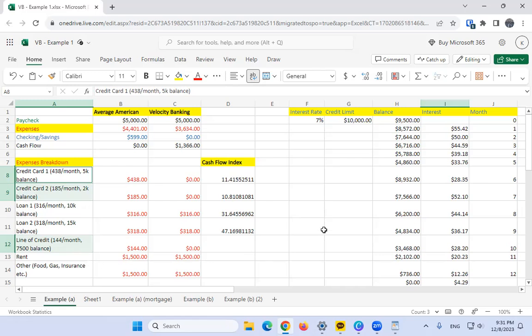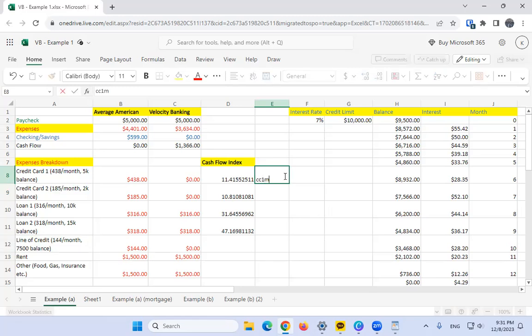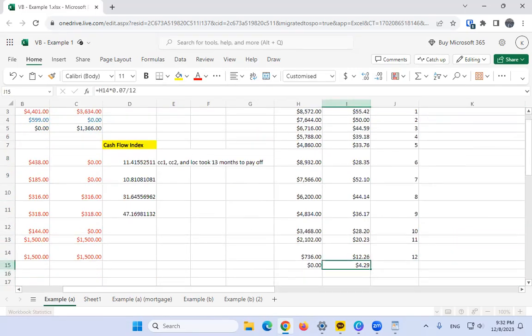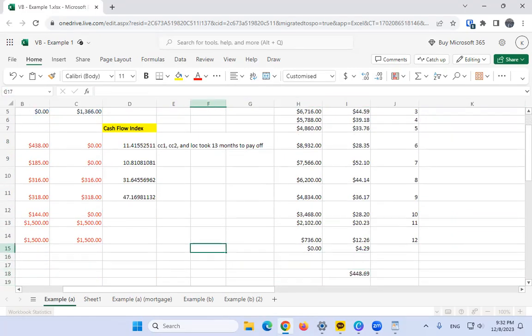So now, let's just make a quick note. Credit card 1, credit card 2, and the line of credit took about 13 months to pay off, and about $448 of interest.